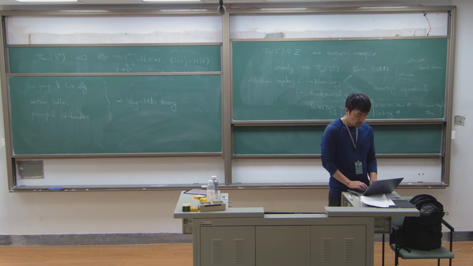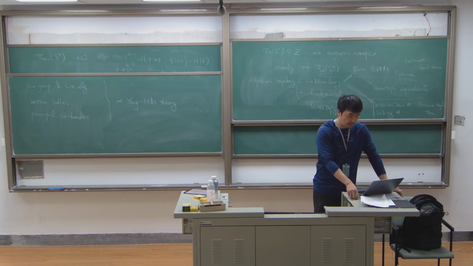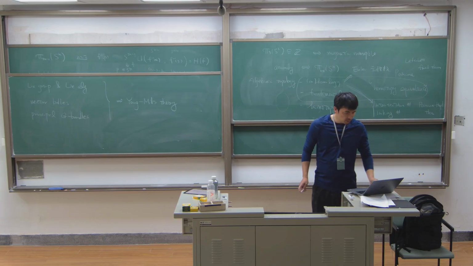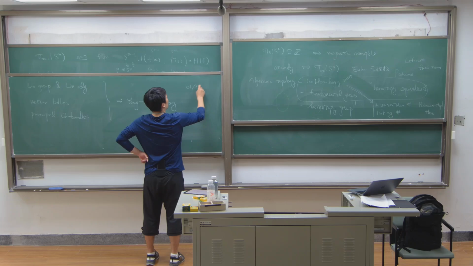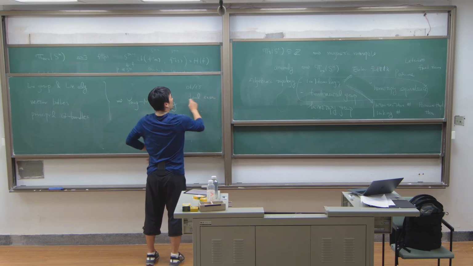Let me check. This semester is relatively short, in fact, compared to the ordinary year. What's left is 3 more lectures, except today. My understanding is that 06/15 is the final exam. Is it okay?